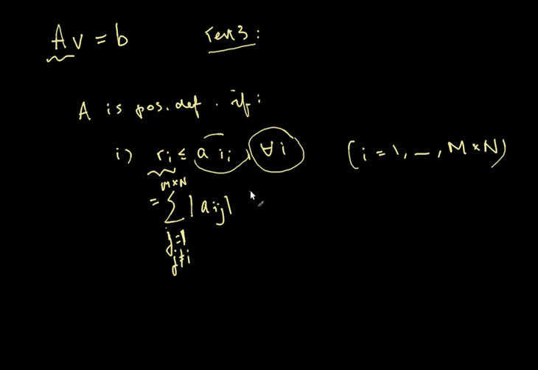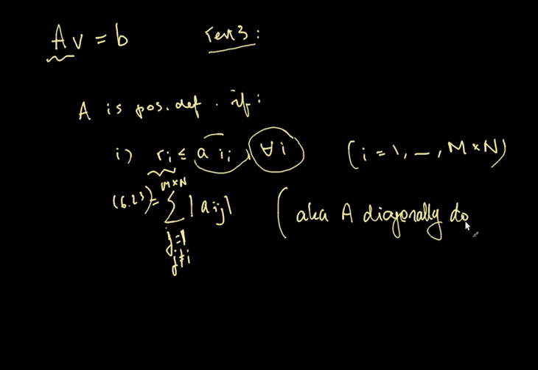This is also what you have in your formula 6.23. This also means, in other words, that A is diagonally dominant. So we require that A is diagonally dominant in order for A to be positive definite. Okay, 2.